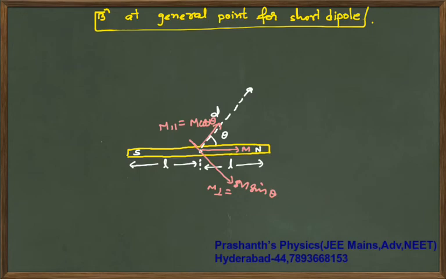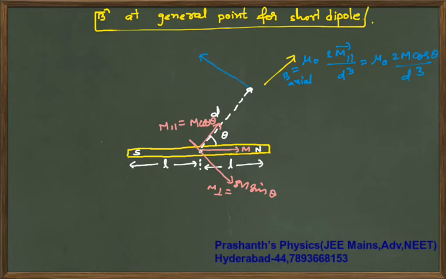Now point P is on the axial line. So on the axial line, what is your formula? B axial, we have seen, is mu naught times 2m parallel by d cube. So that will give you mu naught into 2m cos theta by d cube.